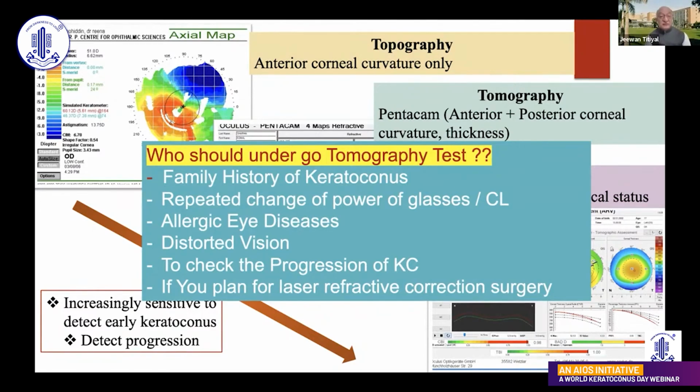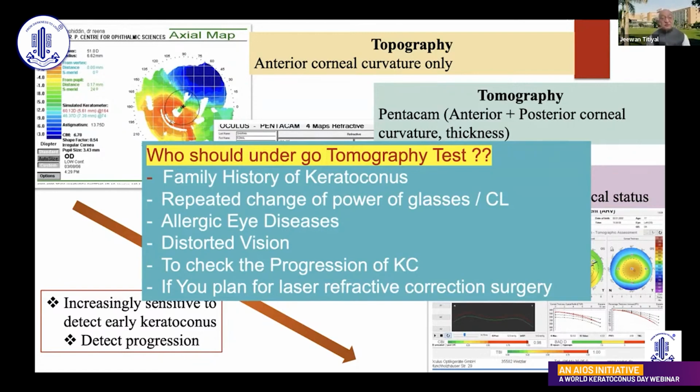If you're suffering from an allergic eye disease and have a history of eye rubbing, you should always get a tomography test done. This will give a physician a chance to pick up your disease early enough. So as I said, distortion of vision, allergy, and family history are indicators for a tomography.